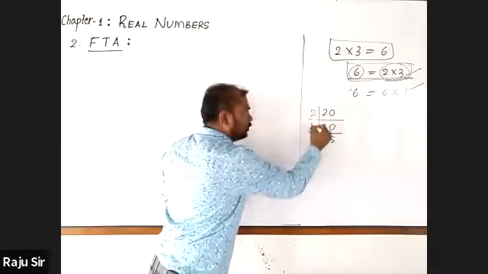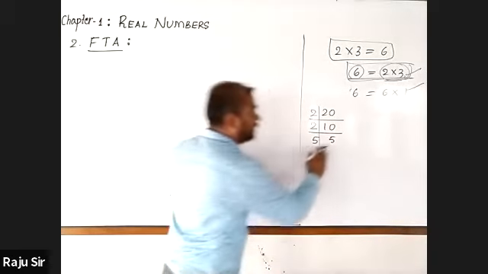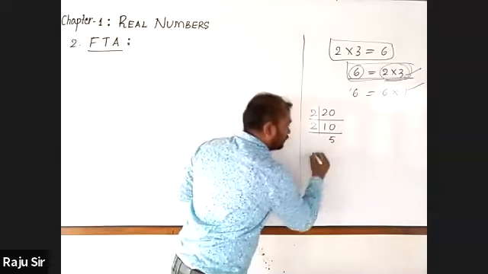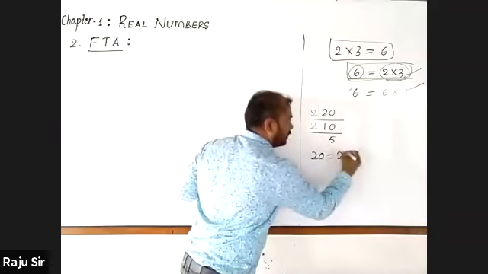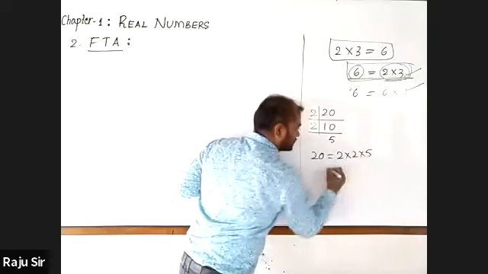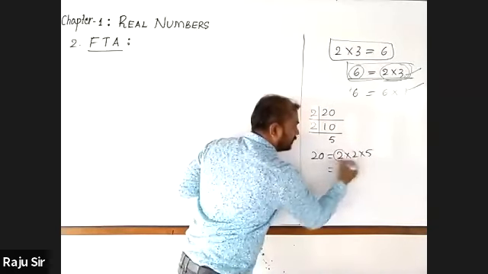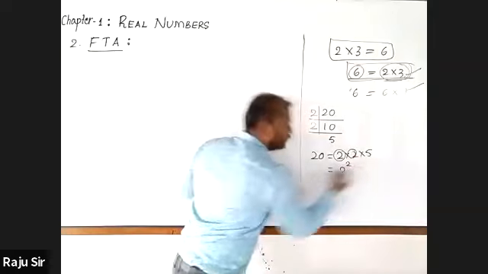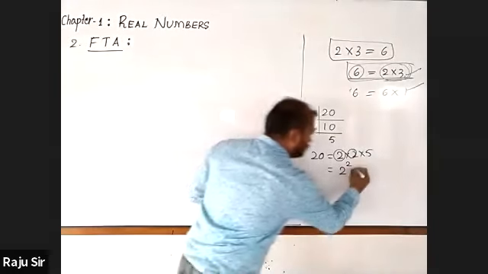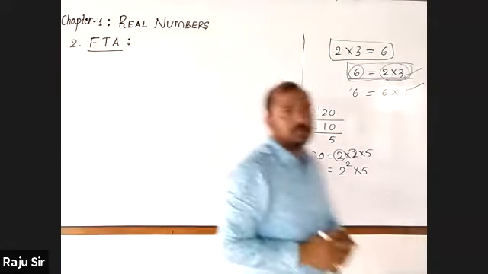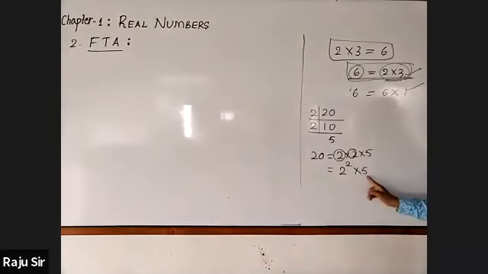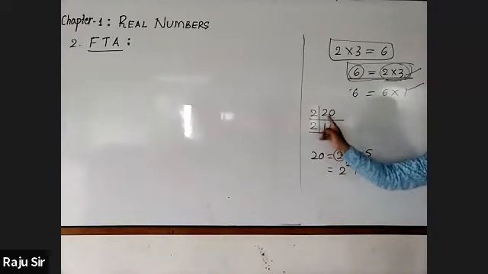Here 2, 2 and 5 are the prime factors. So now we can write 20 as 2 into 2 into 5, which can also be written as 2 repeated 2 times. Hence I'll write 2 square into 5. Followed? So this is the prime factorization of 20.